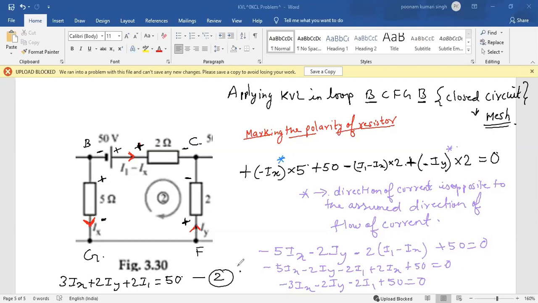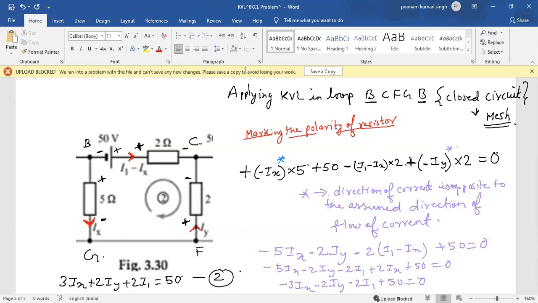Sir, sign for 2 ohm resistance. Yeah, just a moment. Okay, you are asking something, please ask now.